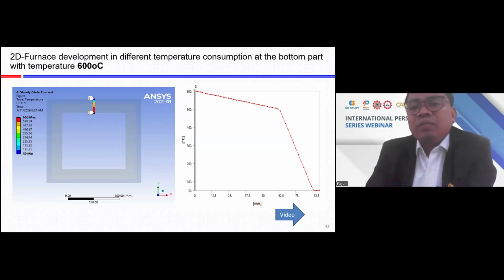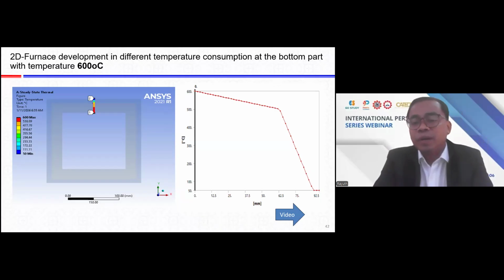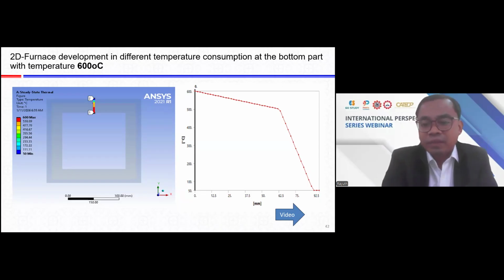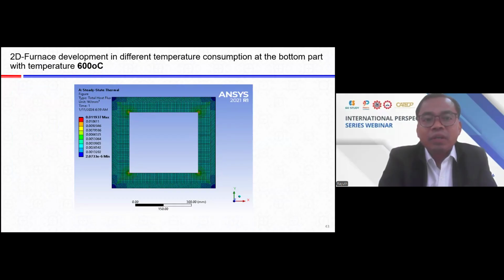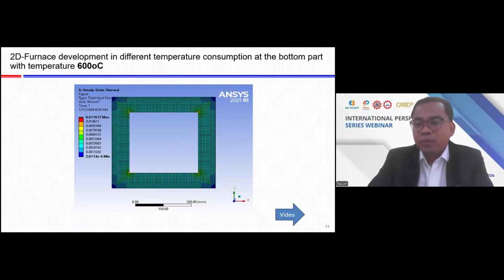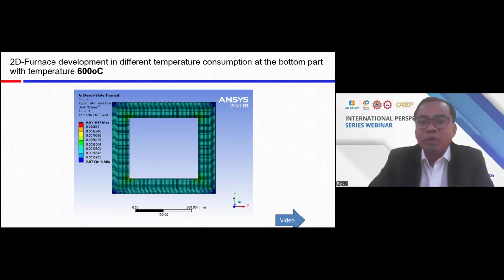The temperature also transfers depending on the layer of the insulation, the layer of the material. And this one is the total heat flux. You can see the video I took from the software.